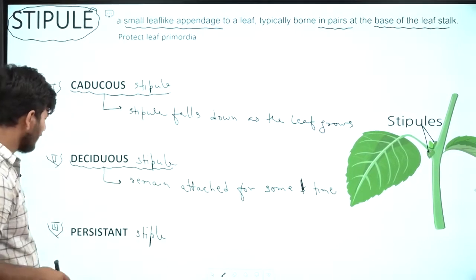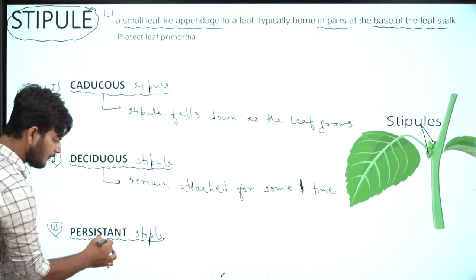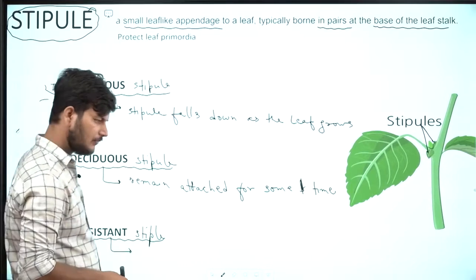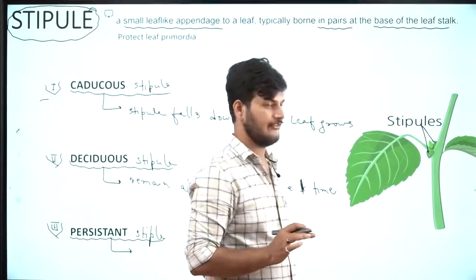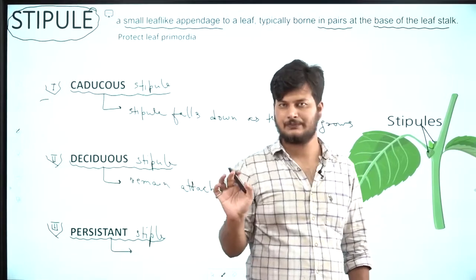While the last one is the persistent type of stipule, and the important point of the persistent type of stipule is that it is going to stay attached all the time with the stem and the leaf. It's not going to fall down until the leaves degenerate.